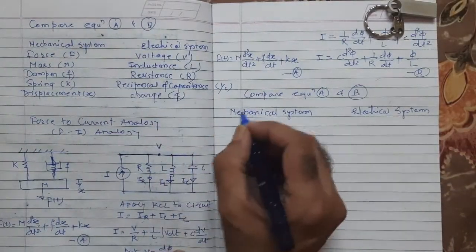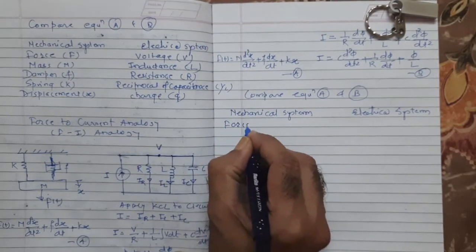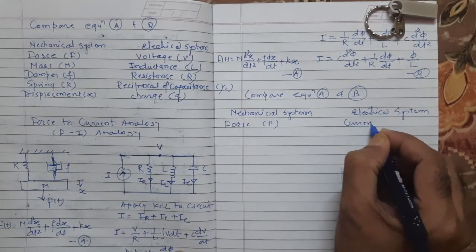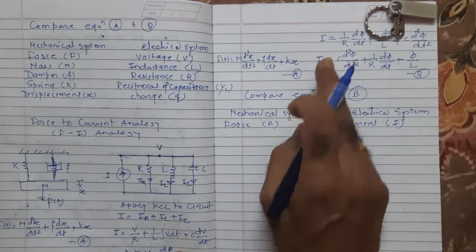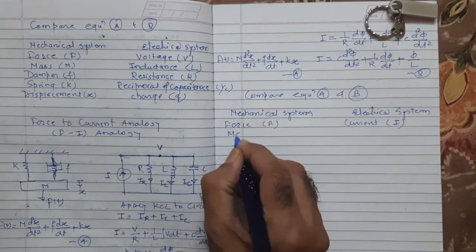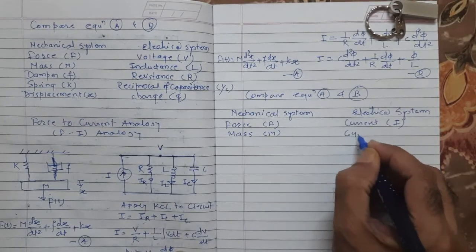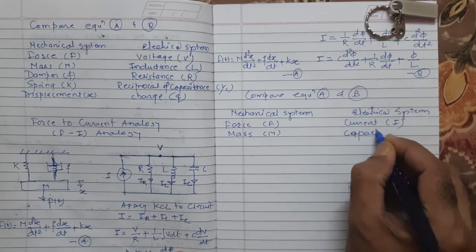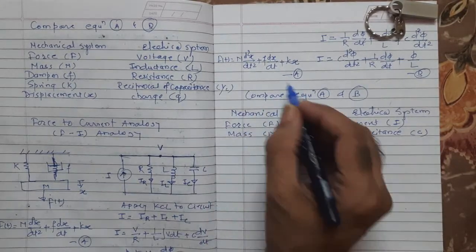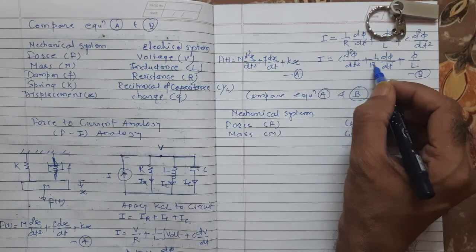So in the mechanical system, here is the force, that is F, here is current, that is I, here is the mass, that is M, and here is capacitance, that is C. Then here is the damper, that is f, and here is the reciprocal of resistance.